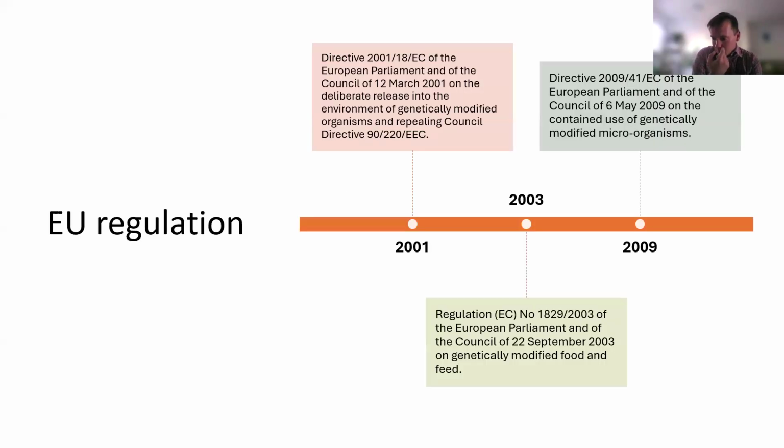So the European Union rules on GMOs are quite different from other jurisdictions in a way that they have specific regulations for release and specific regulations for genetically modified food, and also a separate regulation for the contained use of genetically modified organisms.